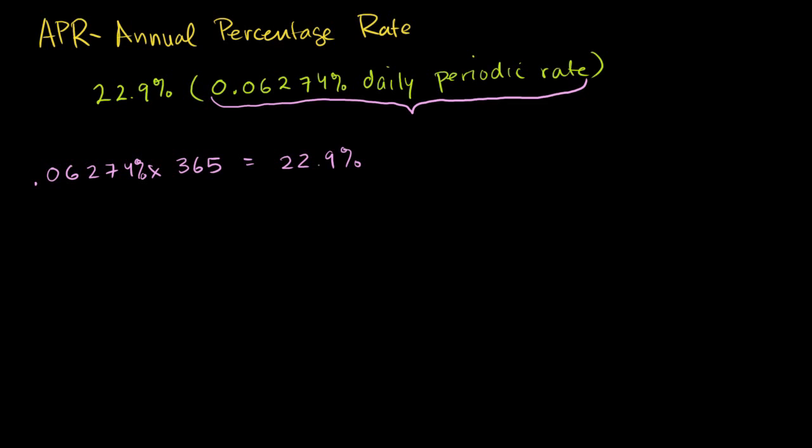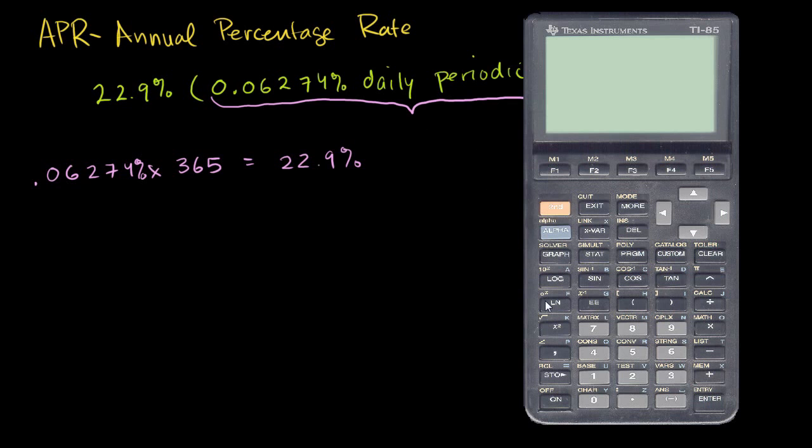Let me get out my trusty calculator and see if that is what they get. Remember this is a percent, but I'll just ignore the percent sign. 0.06274 times 365 is equal to, right on the money, 22.9%.